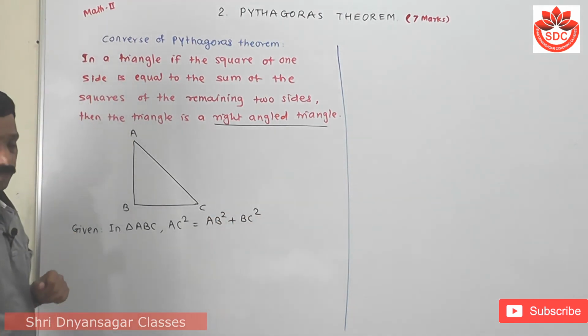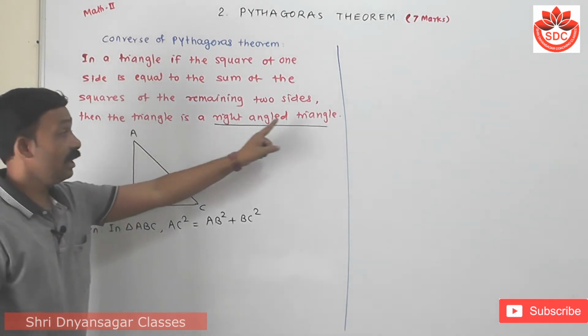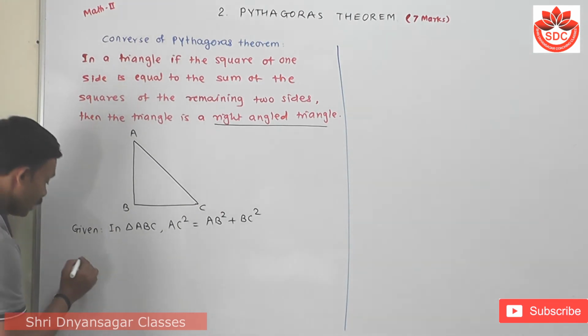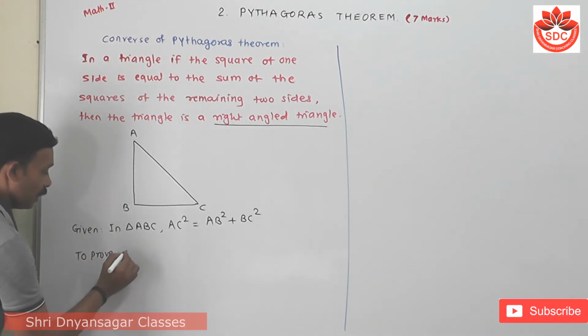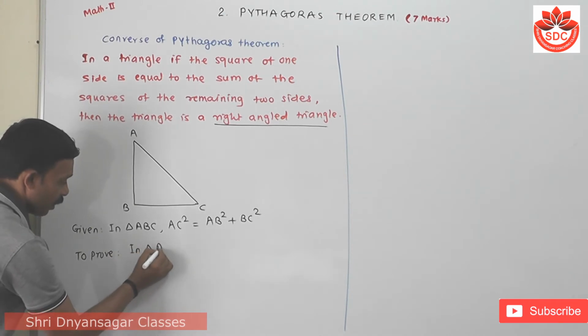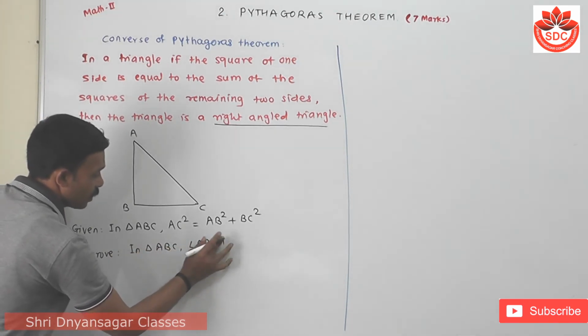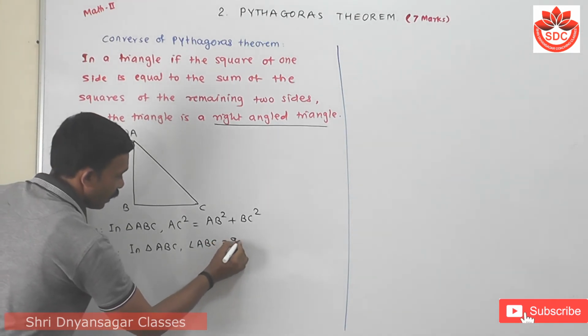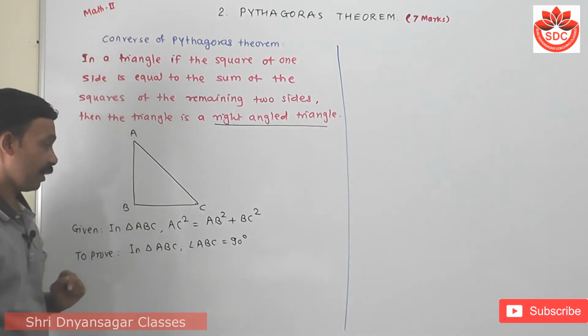This is our given. Then to prove: in triangle ABC, angle ABC is equal to how much? 90 degrees. Or you can also write, triangle ABC is a right angle triangle.